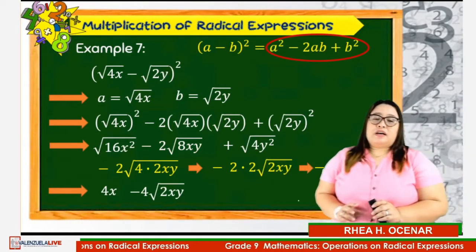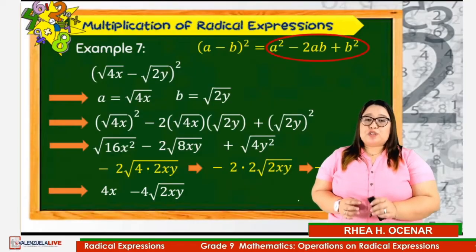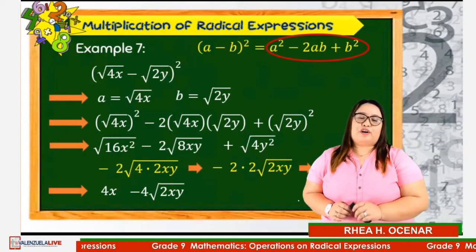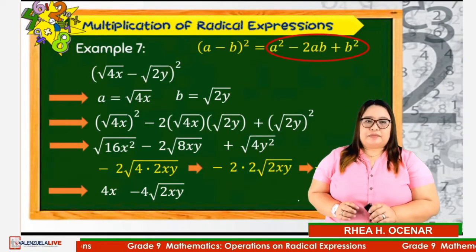So therefore, simplifying negative 2 square root of 8xy is negative 4 square root of 2xy.